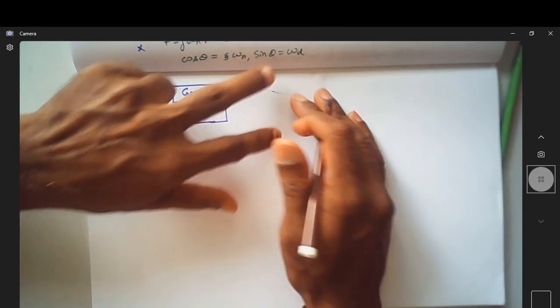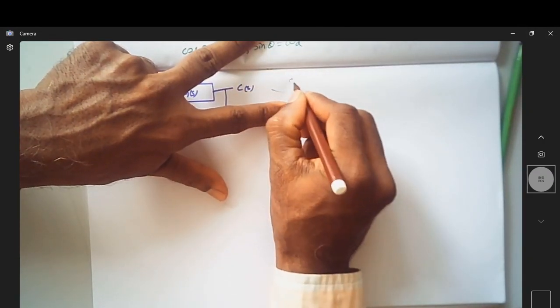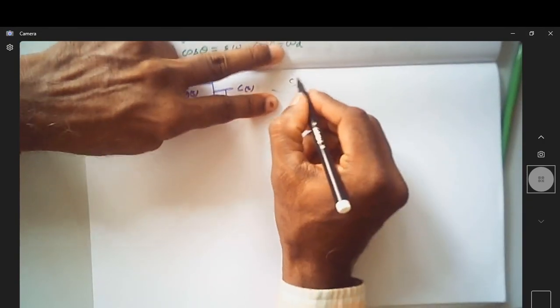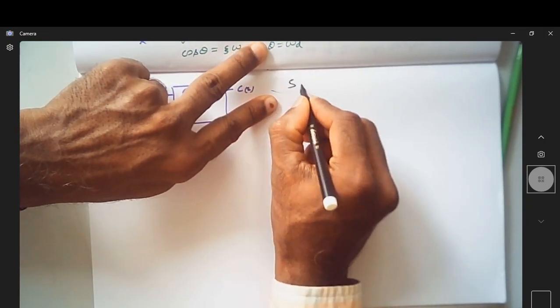Now since the topic is steady state, the topic we have is steady state error. So let us try to understand the definition of this steady state error.